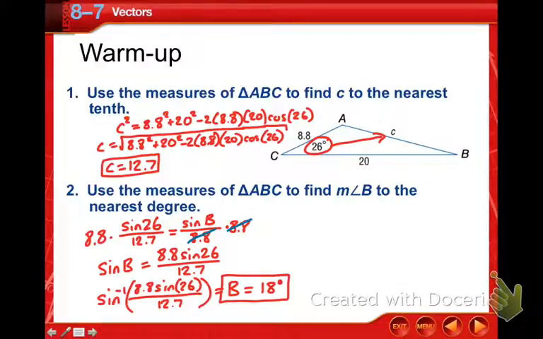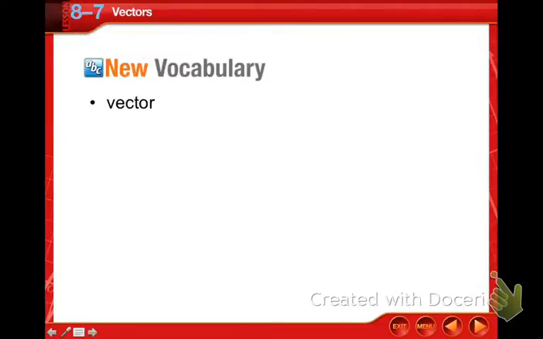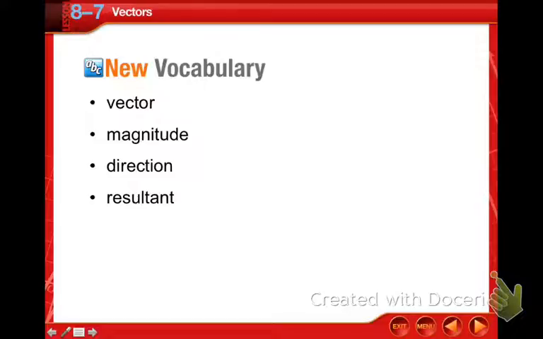Alright, so let's move on to the notes. Today we're looking at vectors. So we have some vocab words for the day: vector, magnitude, direction, resultant. If you're in physics, hopefully you've learned some of this stuff already. If not, and you are in physics, I'm not very happy with your physics teachers. Maybe it's just something you're going to get to this semester.